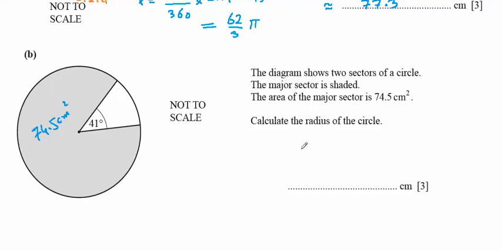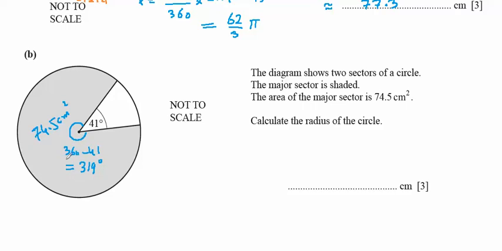When this area is used, we'll use this angle. We will never use this angle for the sector. If we use 41, then we use the area of this white part. So this angle will be 360 minus 41, which is equal to 319 degrees.